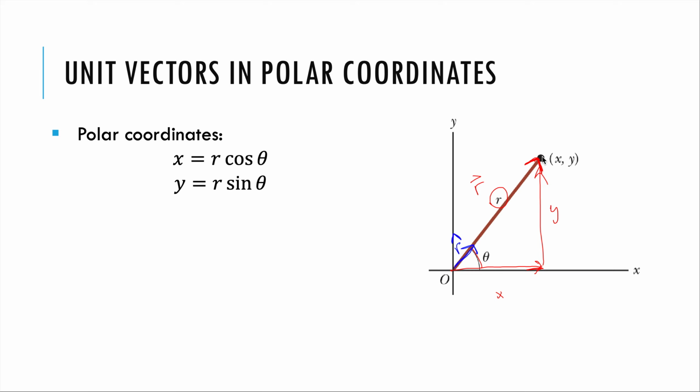And some books choose to write the r hat here. That's fine, as long as it is in the same direction as the r vector. In the polar coordinates, we also have a vector theta hat, which points in a direction perpendicular to the r unit vector.